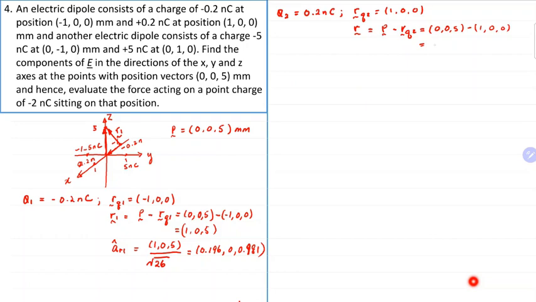This gives me (-1, 0, 5). The unit vector R2 will be (-1, 0, 5) divided by the square root of 26. This gives me (-0.196, 0, 0.981).